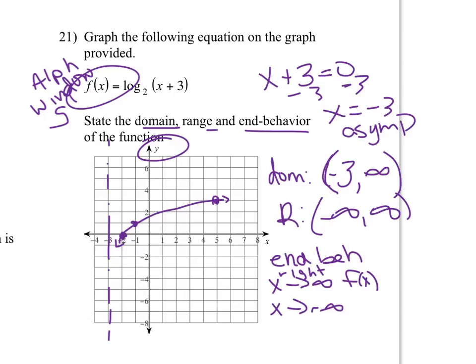It's slow, but it's going up, so that's positive infinity. With this particular one, you would expect it to go toward negative infinity in this direction, but we can't go any farther than negative 3, so that changes this to negative 3. So as x approaches negative 3, the graph goes down. It will be going down farther here.